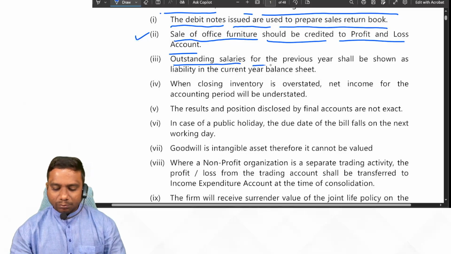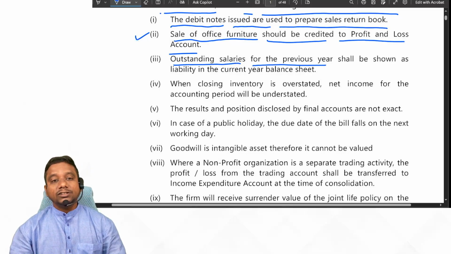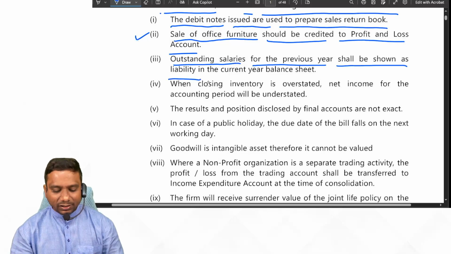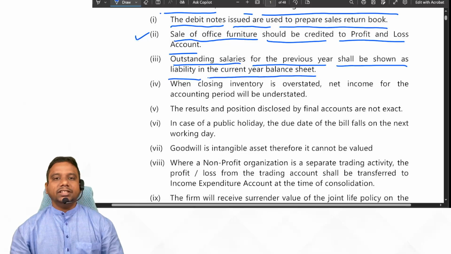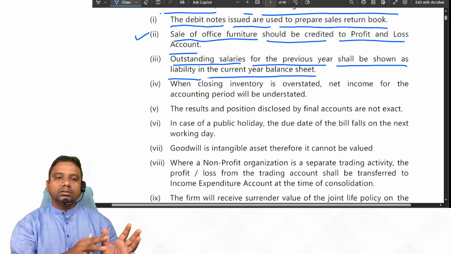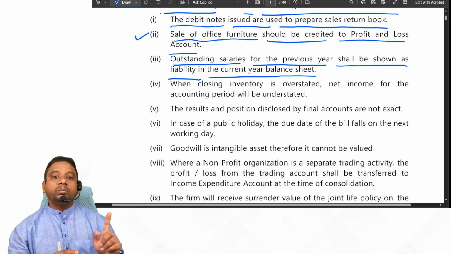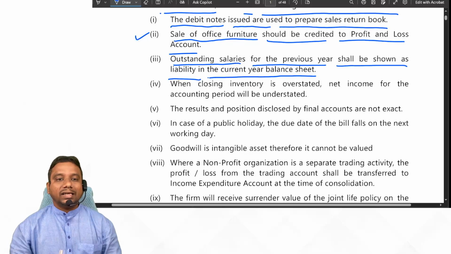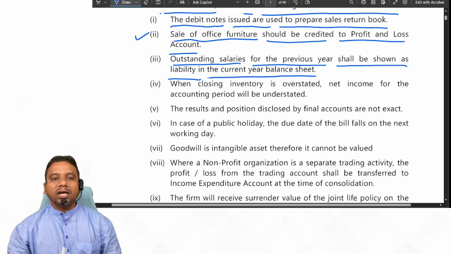Outstanding salaries for the previous year shall be shown as liability in the current year balance sheet. Actually, outstanding salary liability is shown on the liability side of the previous year balance sheet. That becomes the opening balance for the current year. That means it is shown in the opening balance sheet for the current year.